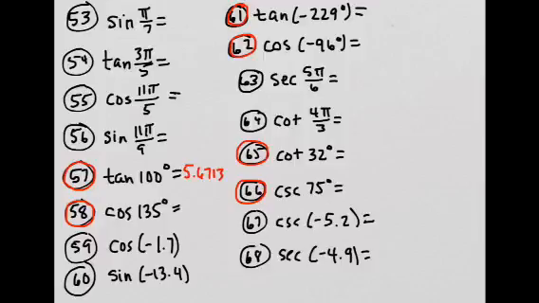Okay, because you have to round the 2 up to 3 because the next number is an 8. And then cosine 135 is negative 0.7071.